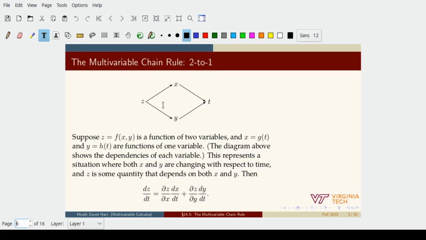And this is a pretty common situation where we have a multivariable function, but the components of the function itself are time dependent. Then the way that we calculate the derivative of z with respect to time is we calculate the derivative along all four arrows. So along this arrow, we're going to calculate the derivative of z with respect to x.